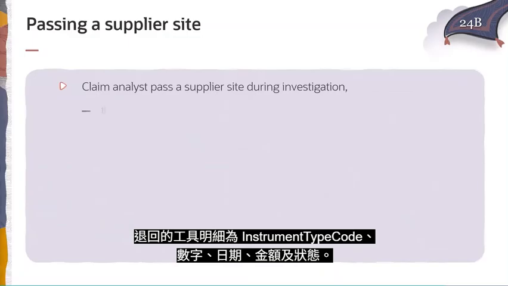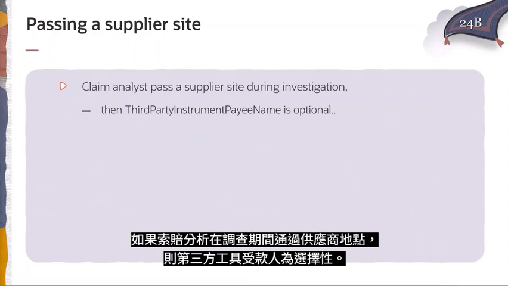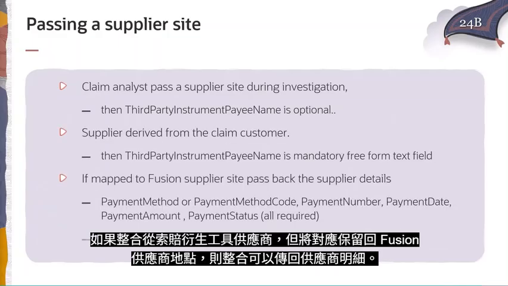If claim analysis passes a supplier site during the investigation, then the third-party instrument payee is optional. If integration derives the instrument supplier from the customer claim, then the third-party payee name is mandatory in a free form text field. If the integration derives the instrument supplier from the claim but maintains the Fusion supplier site, then the integration can pass back the supplier details, information, and the payee information.